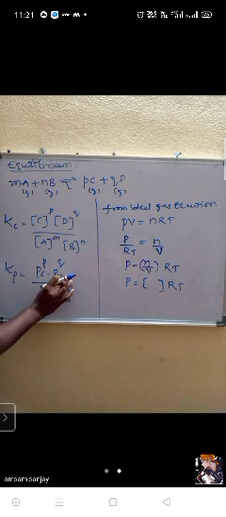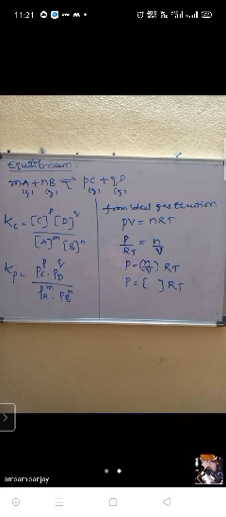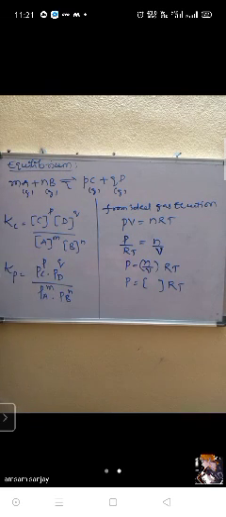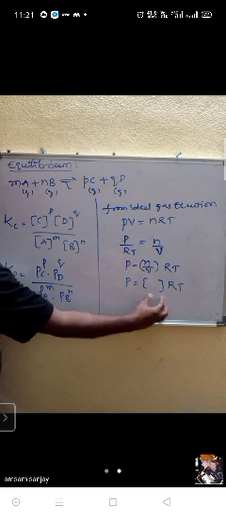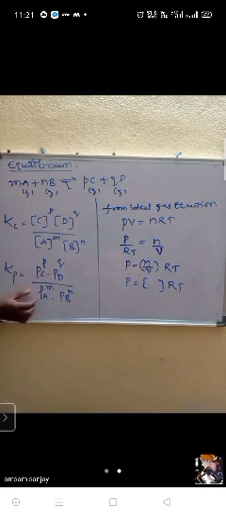Pressure of D, I can write concentration of D into RT to the power of q. Yes or no? Because from the ideal gas equation PV is equal to nRT, then P is equal to n by V into RT, and n by V is concentration, so P is equal to concentration into RT. I am going to keep this in this equation. You should see that carefully.